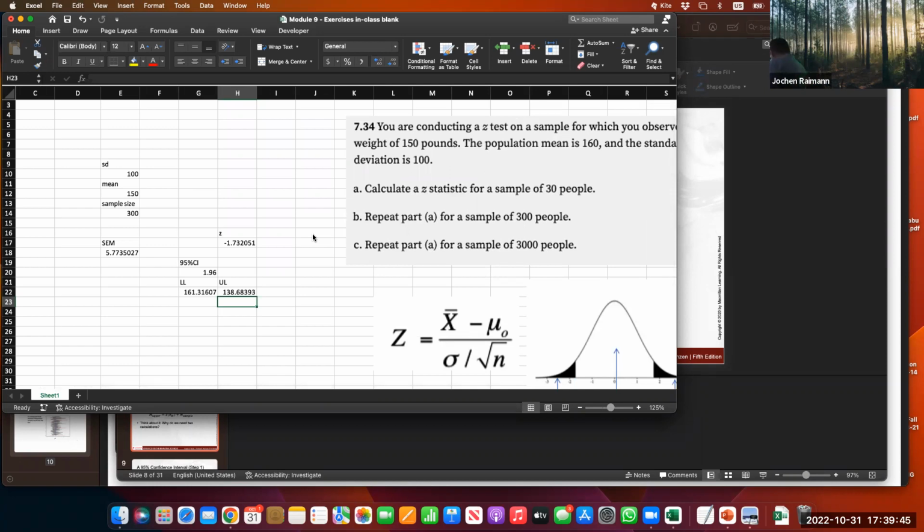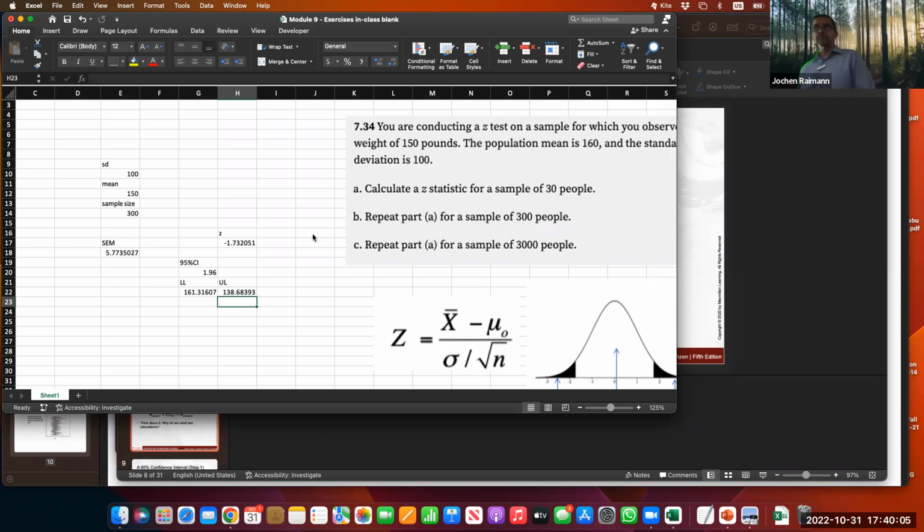You're basically determining these critical thresholds, and you see where your population mean is in reference to that interval. If it's outside, it's significantly different from my population mean. That's what the confidence interval means. It aids your decision.